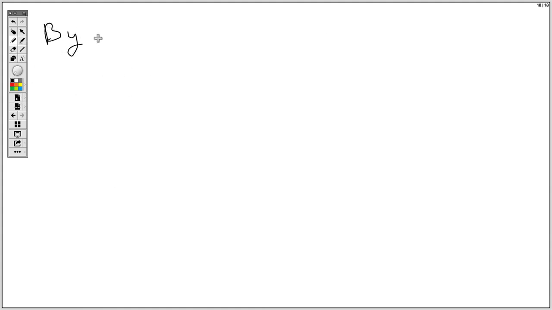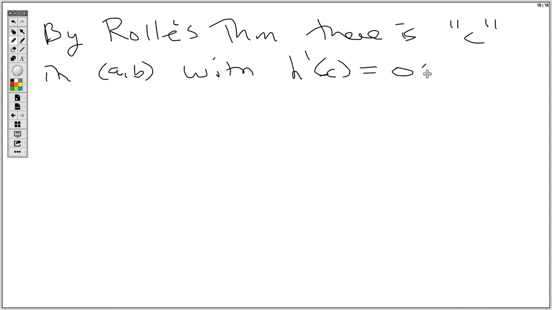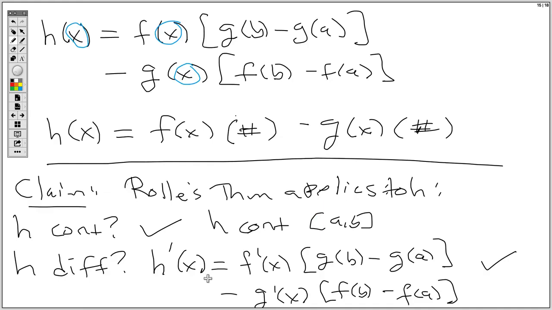So by Rolle's theorem, there is a c in (a, b) with h prime of c equal to 0. So I go back, because I have a formula for h prime of x. It's right here. And once again, the x only appears in these two places.